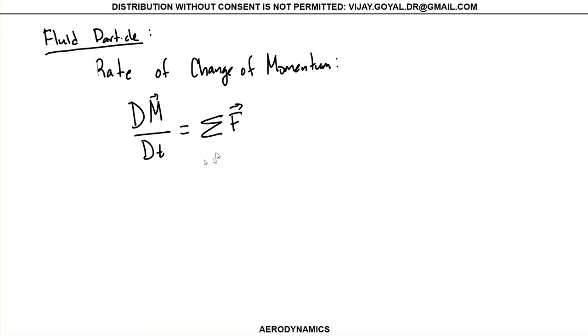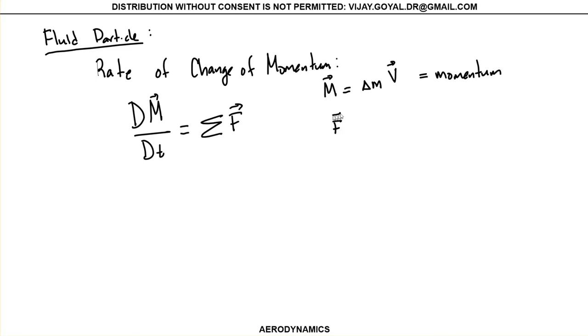Now, what you have to know here, let's write it down here. This is nothing else than a small change in mass times velocity, and that is known as the momentum.